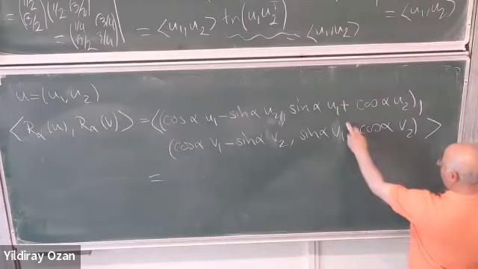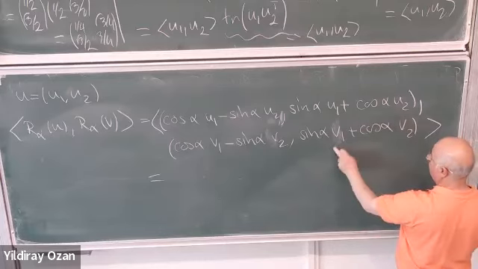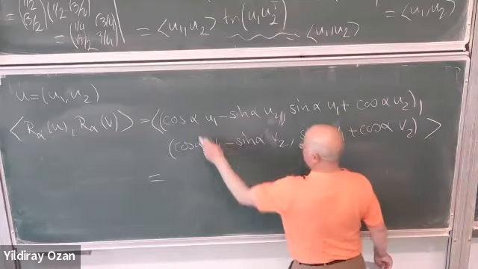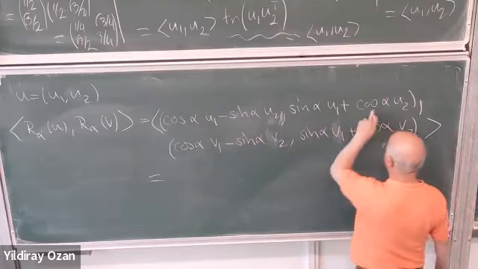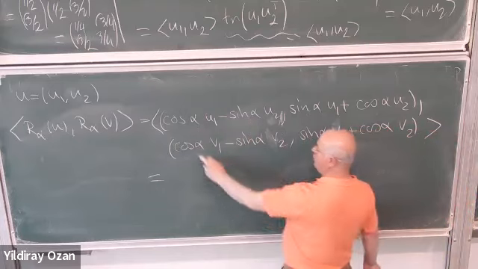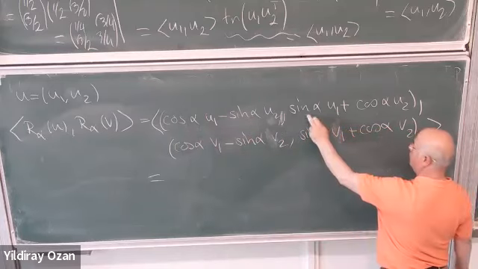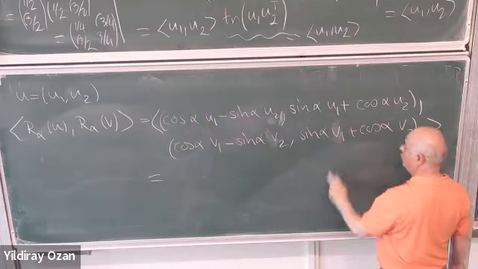Yes, and then we will also have cross terms here. They will cancel each other, the cross terms. Only these products will survive. And here we have cosine squared alpha u1 v1, and here we will have sine squared alpha u2 v2.